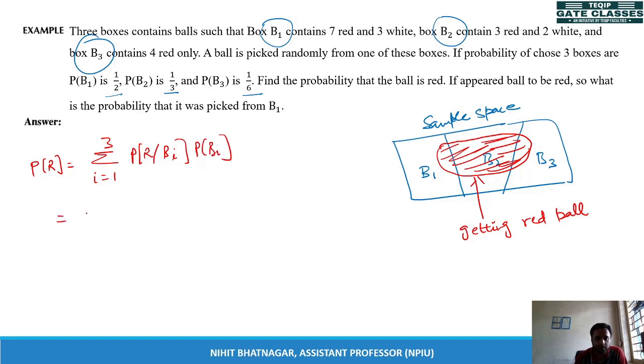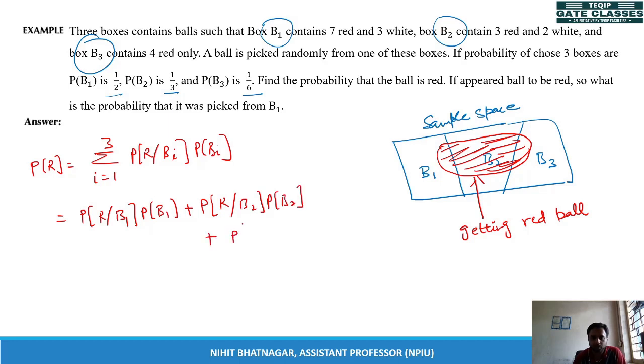So it is the probability of a red ball from box B1 into the probability of selection of box B1, plus the probability of a red ball from box B2 into the probability of selection of box B2, plus the probability of a red ball from box B3 into the selection of box B3.